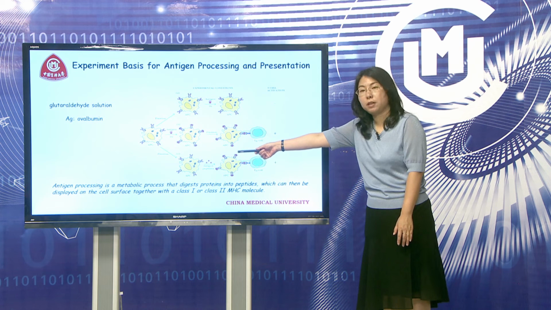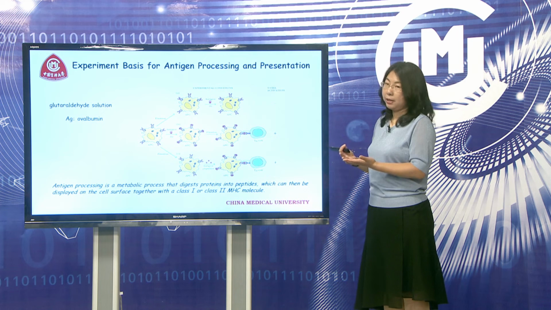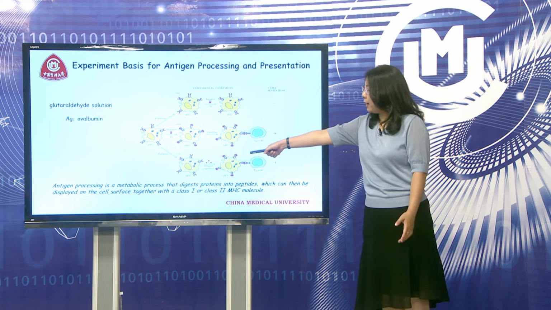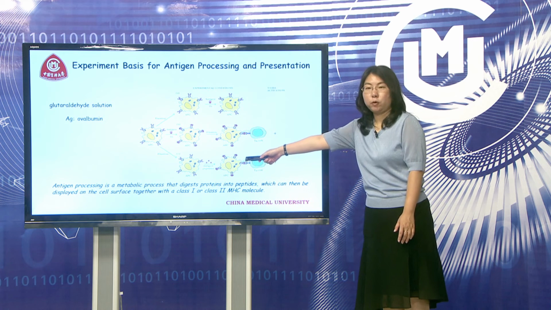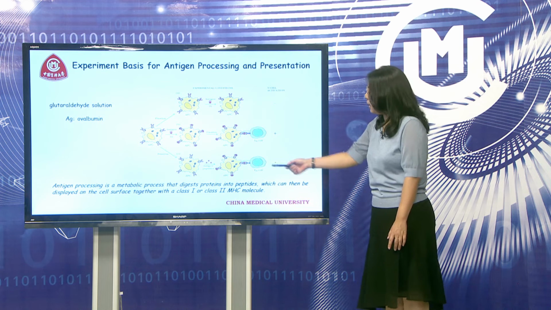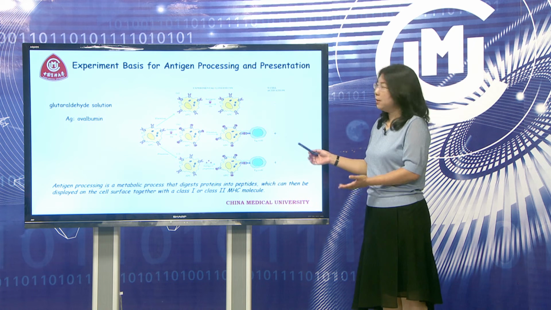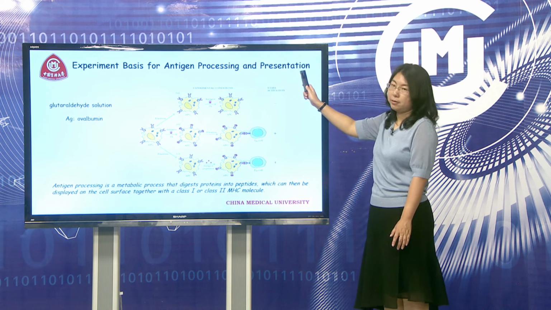After that, we incubate it with the small peptide, the small antigen, and this peptide binds to the macrophage. After that, it causes T cell activation. So this experiment shows us the antigen was processed and presented on the cell surface.